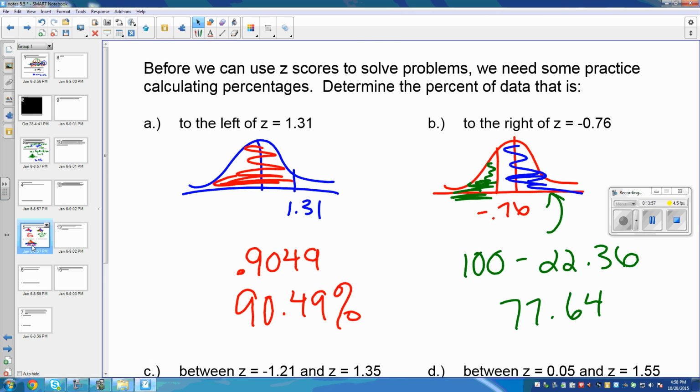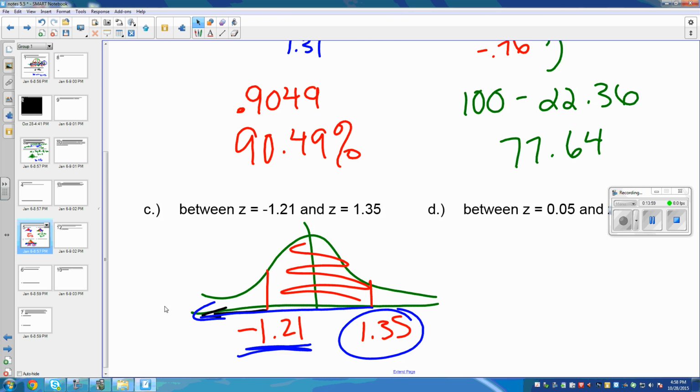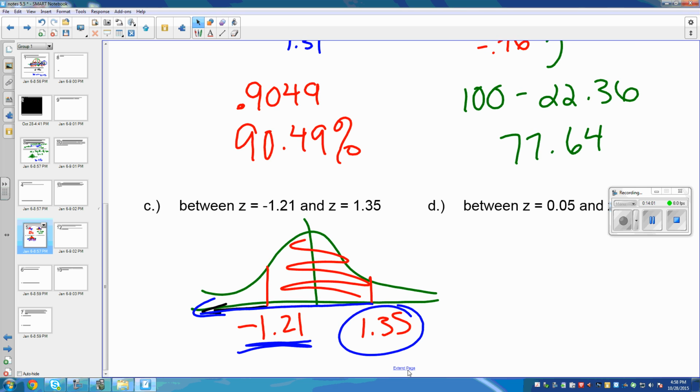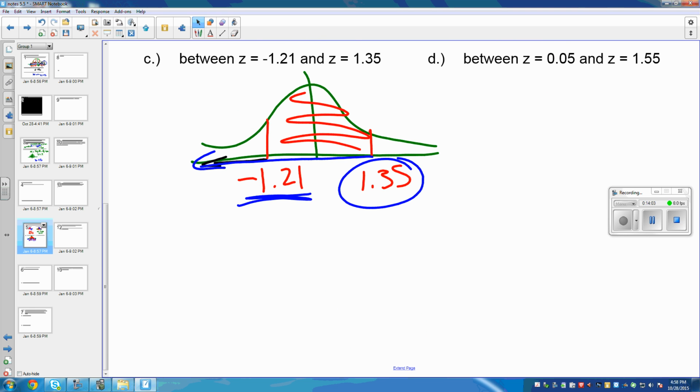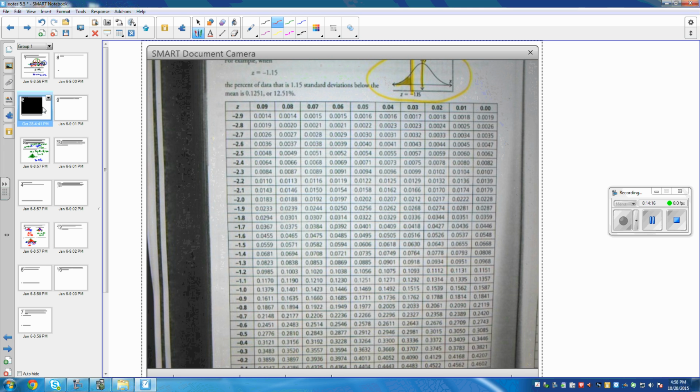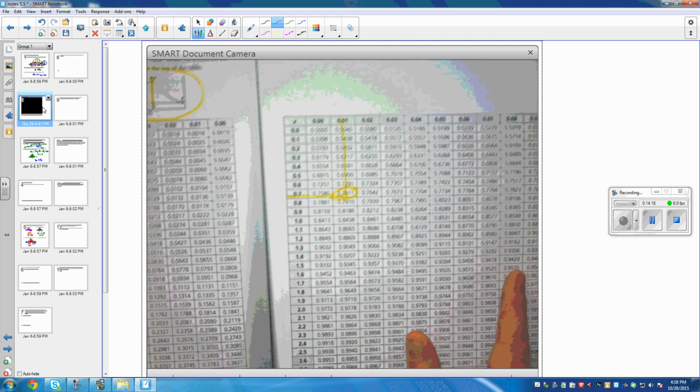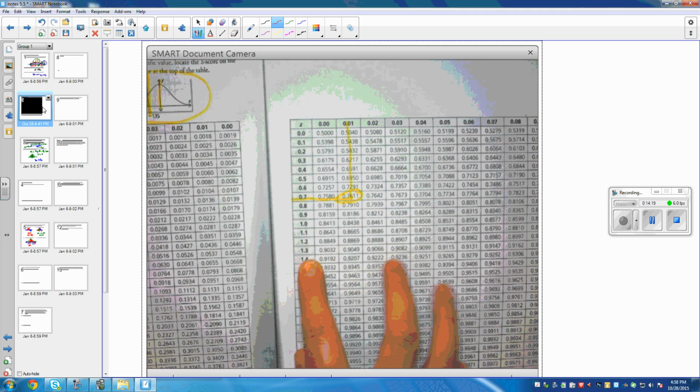And I'm putting that right underneath that negative 1.21, because that's the value that goes with it. I'm going to go back and look up 1.35. That's on the other side. 1.3. Go over to 5 is 0.9115. Okay. 0.9115.